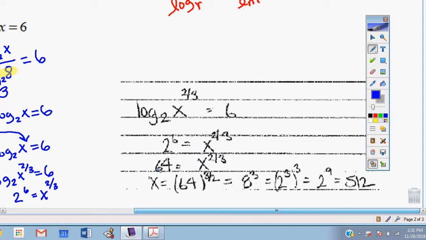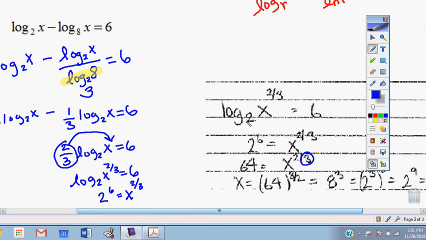You could convert this into 2 to the 6th, then you're getting 64, and you're processing this through. Well, what is that? Remember, 1/3 power is the cube root, so it's the cube root of 64. That's how we could do that, but this is actually flipped when you get to that. So that one's a little bit trickier to go through.